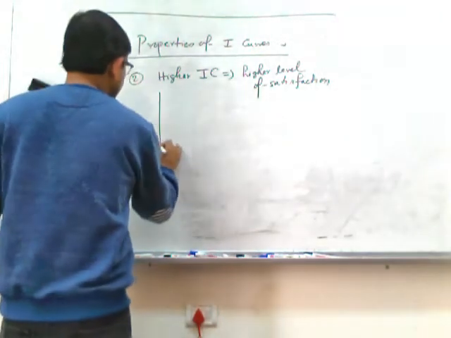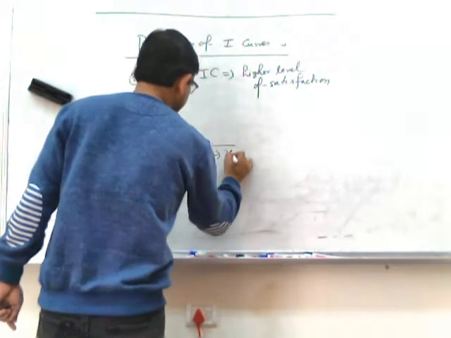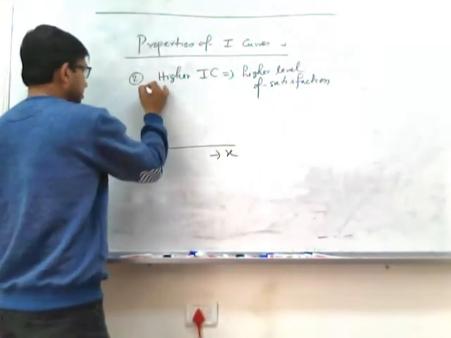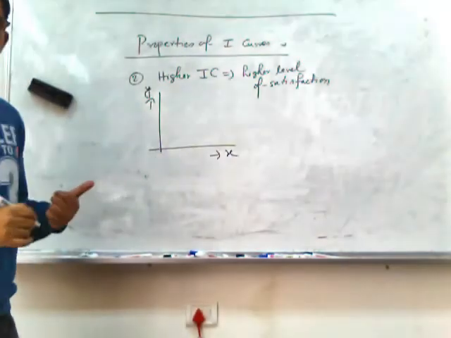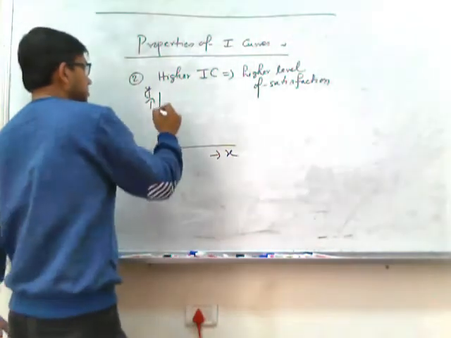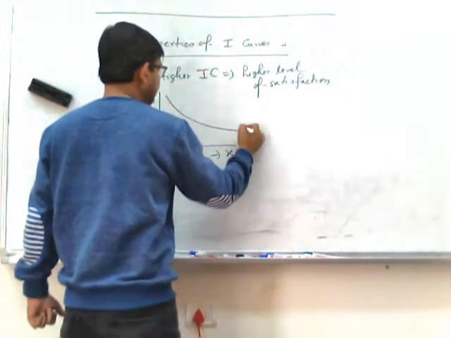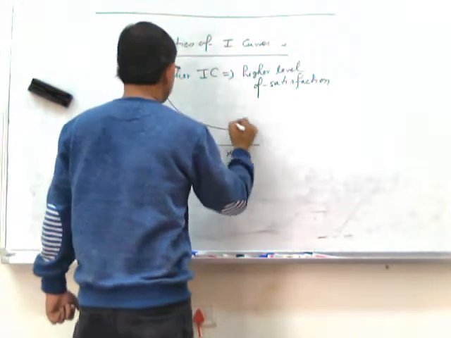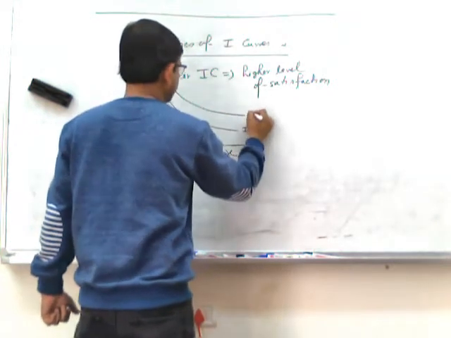Let us consider two indifference curves. In the horizontal axis we are measuring x, on the vertical axis we are measuring y. This is my initial indifference curve I0 and higher indifference curve I1.